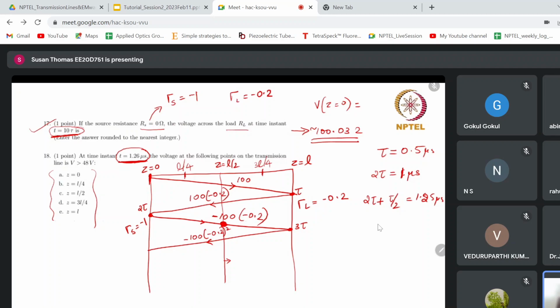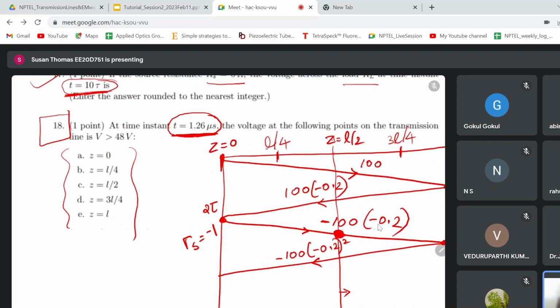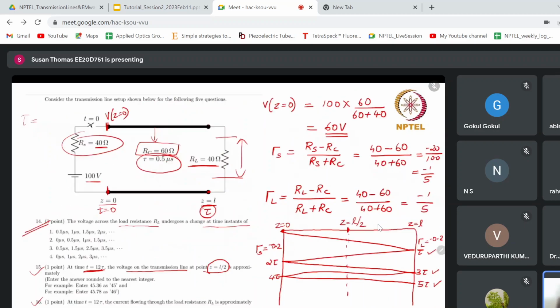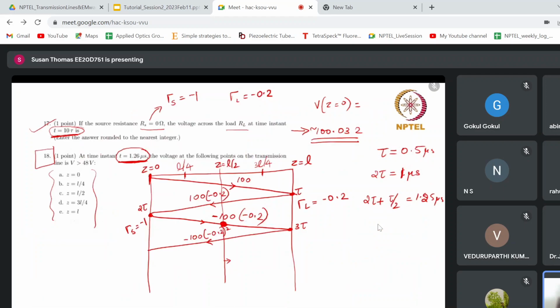Let's have a look at this. I think this question has to be answered with 60, because our fundamental question was 60. This 100 came because of a special case. So let us make it 60.